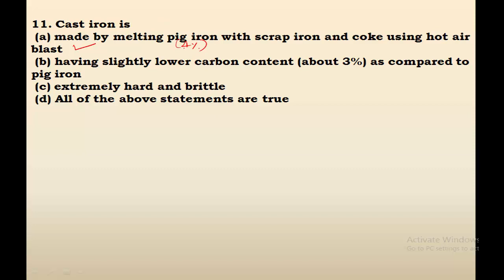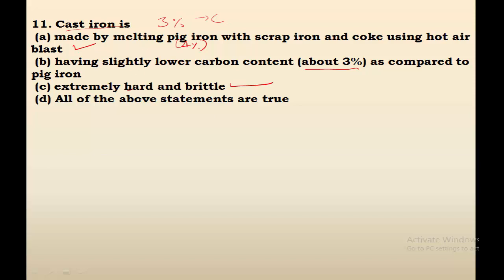It can be further purified by melting it with scrap iron and coke using hot air blast to obtain cast iron, which consists of 3% of carbon. Next, having slightly lower carbon content, about 3%, so this is also right. Extremely hard and brittle, yes.